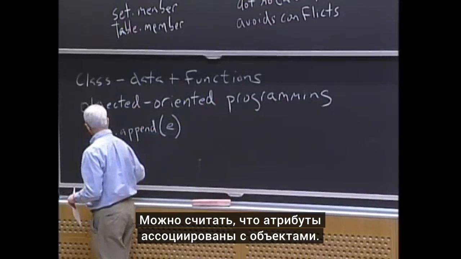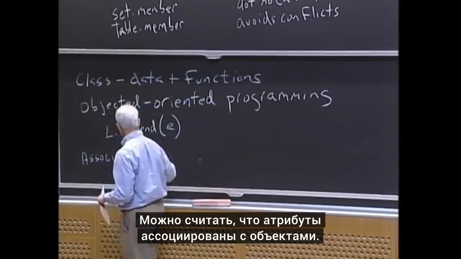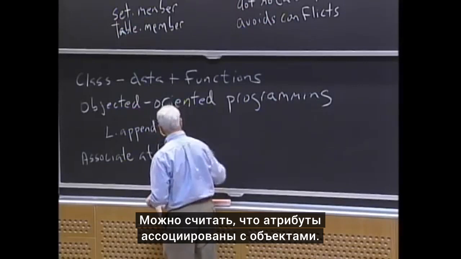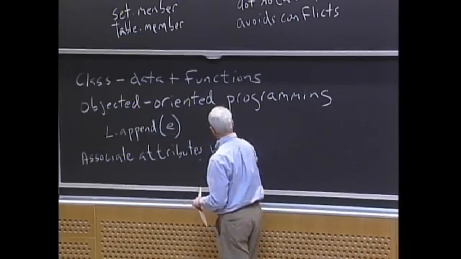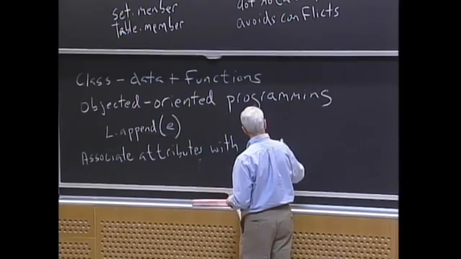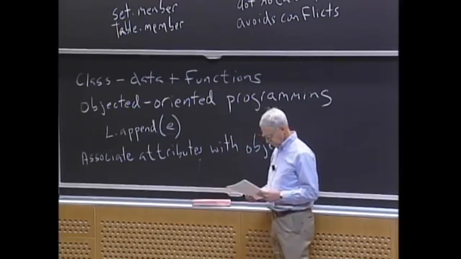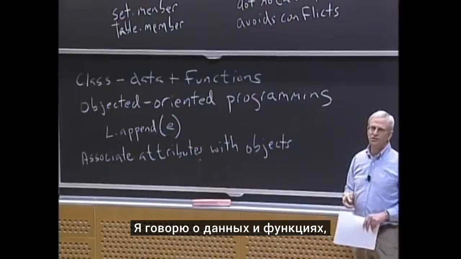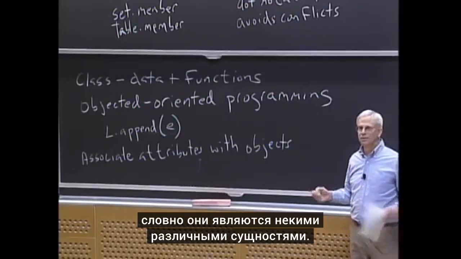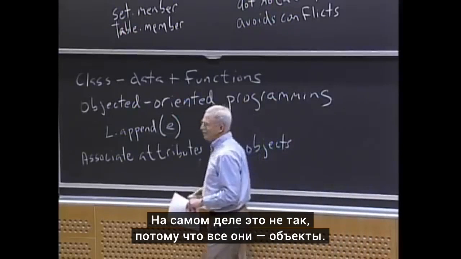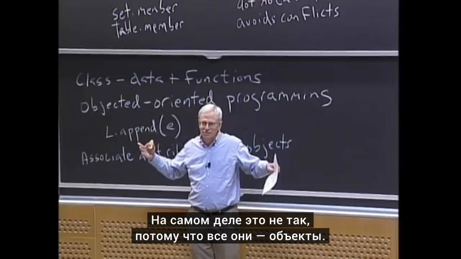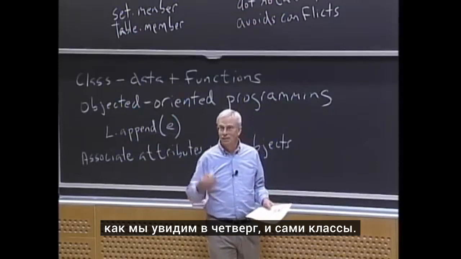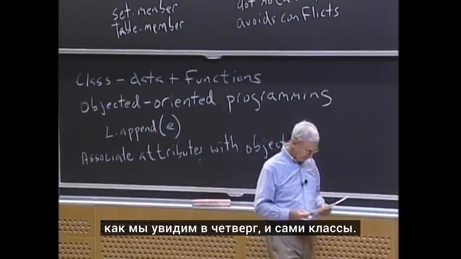So you can think of this as a way to associate attributes with objects. Now, I've been talking about data and functions as if they're different kinds of things. In fact, they're not really, because they're just objects. In Python, everything is an object, including, as we'll see on Thursday, the class itself is an object.